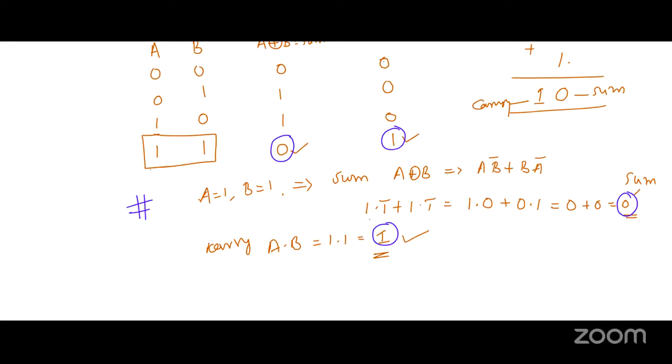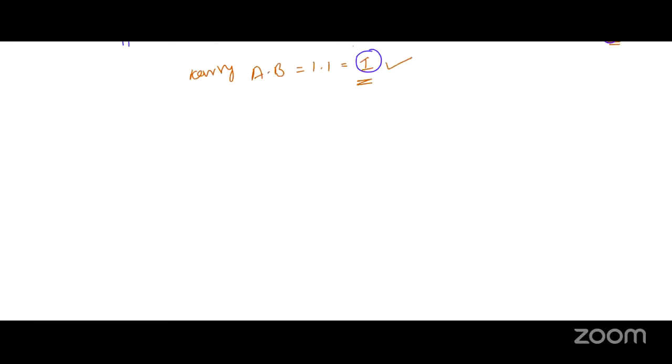Next. So what about the full adder? If the input is 2 bits for the half adder, it may generate sum and carry. Okay. If 2 bits are there, 4 combinations. But what about more than 2?